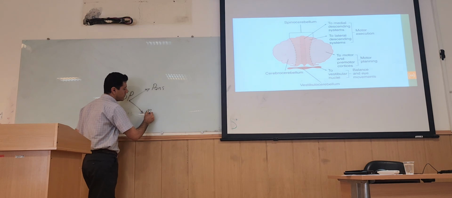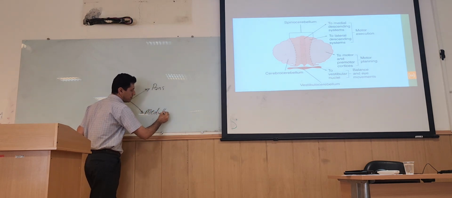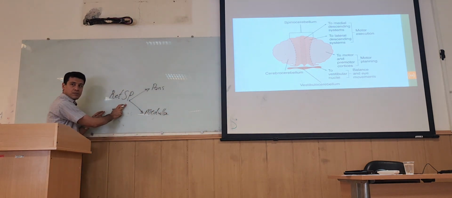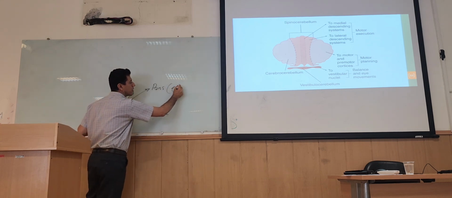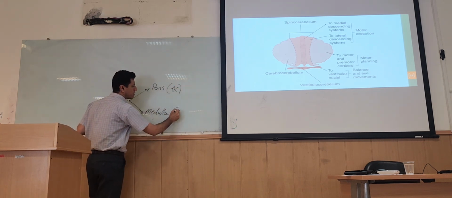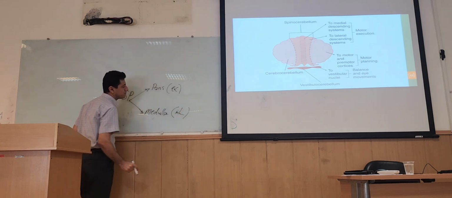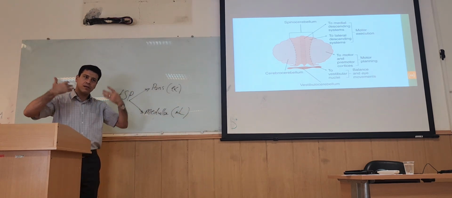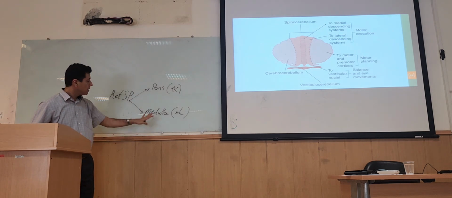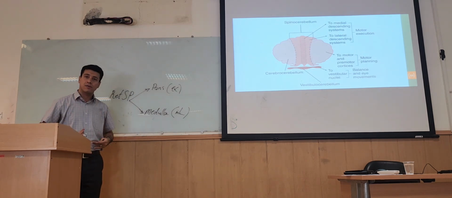Another one from medulla, medullary reticulospinal. Pontine is excitatory. Medullary is inhibitory. So this one activates axial musculature. This one inhibits axial muscles.